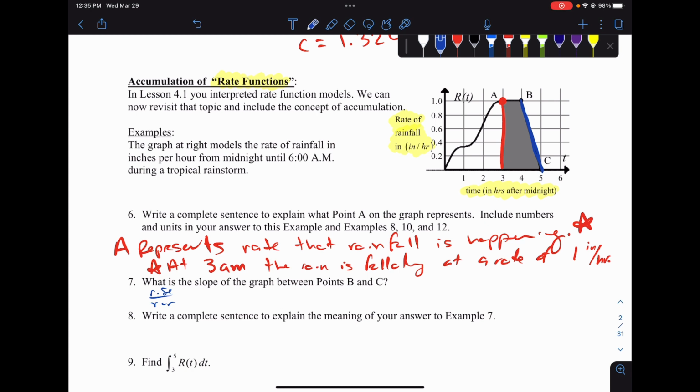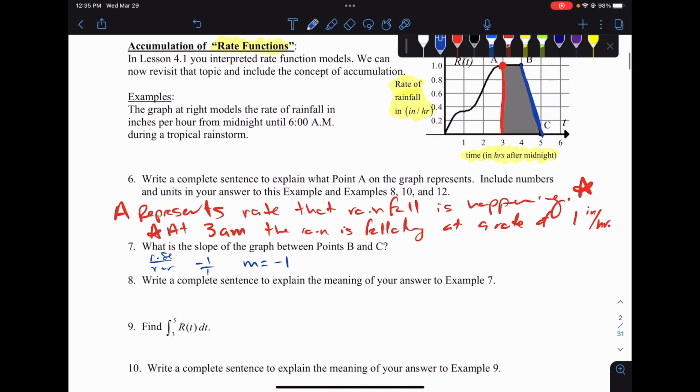So we are going down 1 and we are going over, right? Because we're going from 4 to 5 and we're going down 1. So my slope, M, is going to equal -1. It doesn't want the units on this one. It just said 6, 8. So we're good to say just M equals -1.